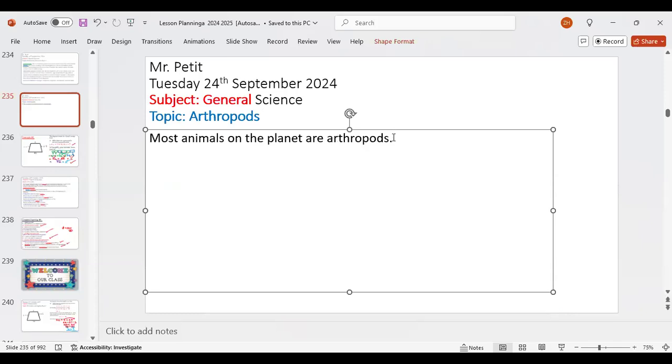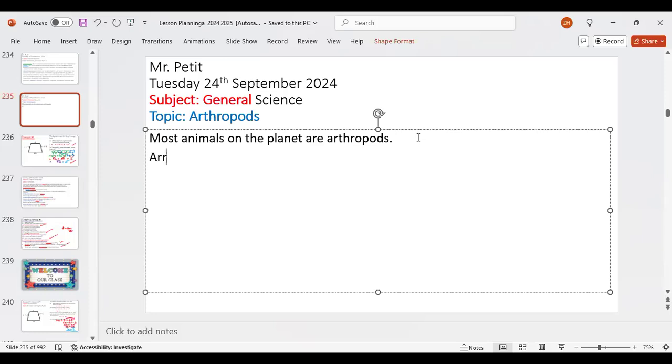How many offspring does a human make on average these days? On average, it's 1.6. So basically, about 2 children. That's crazy. Most animals on the planet are arthropods.